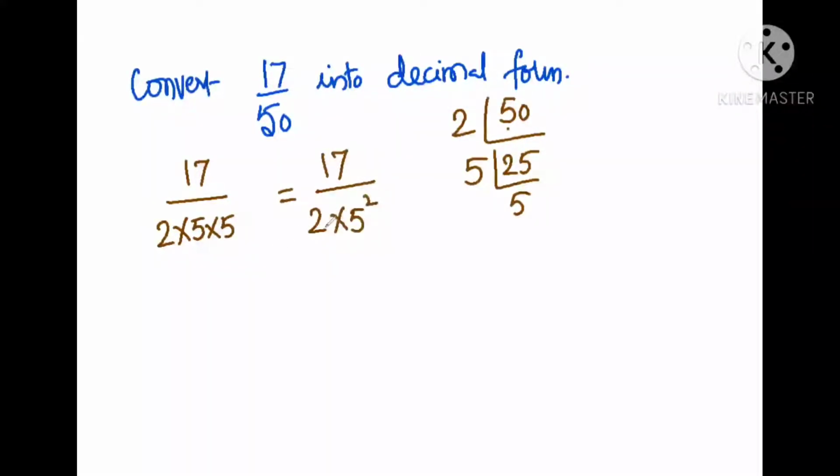Here the denominator is in the form of 2 power n into 5 power m. Therefore it is a terminating decimal, but n is equal to 1 here and m is equal to 2. So the exponent of 2 is less than the exponent of 5. How much less? 2 minus 1 is equal to 1. So the exponent of 2 is 1 less than the exponent of 5.